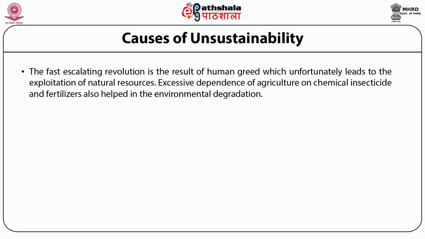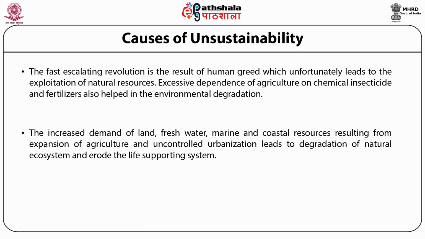Excessive dependence of agriculture on chemical insecticides and fertilizers also helped in environmental degradation. The increased demand for land, freshwater, marine, and coastal resources resulting from expansion of agriculture and uncontrolled urbanization leads to degradation of natural ecosystems and erodes the life supporting system.